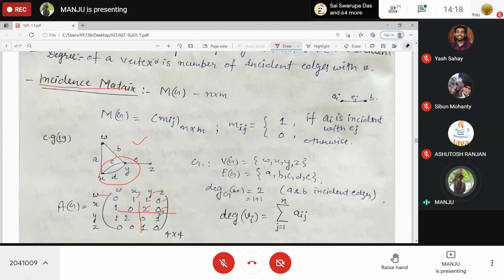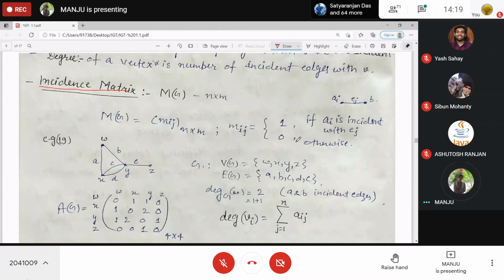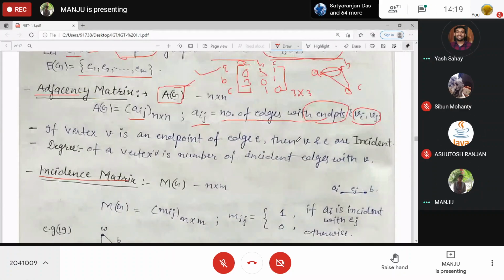Y to Z, there is 1, and Z to Y again 1, and Z to Z is 0. So this is your adjacency matrix. Clear?